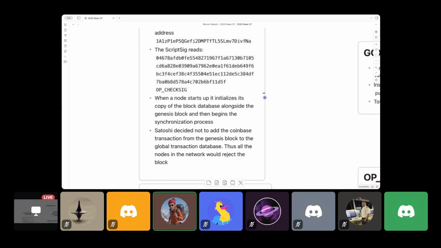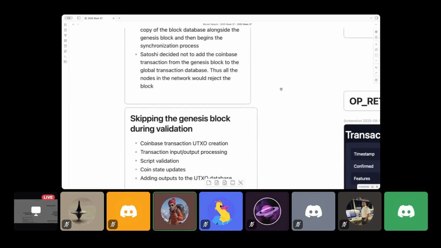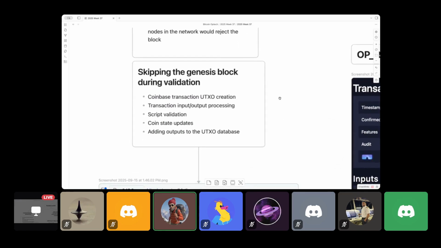As a consequence, the first transaction is not included in the UTXO set at all. The Genesis block and its Coinbase transaction are kind of hard coded. It exists, but the protocol itself doesn't look into the Genesis block. It doesn't do any validation on it. So, where is this coded?